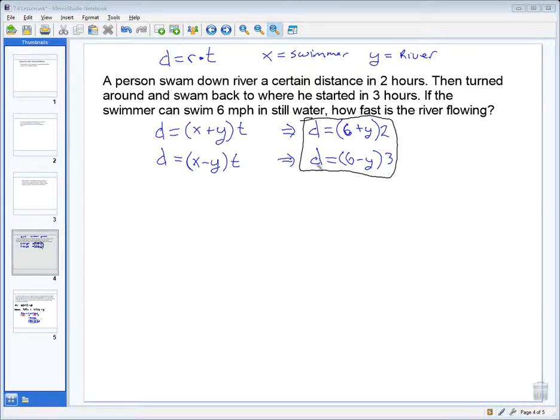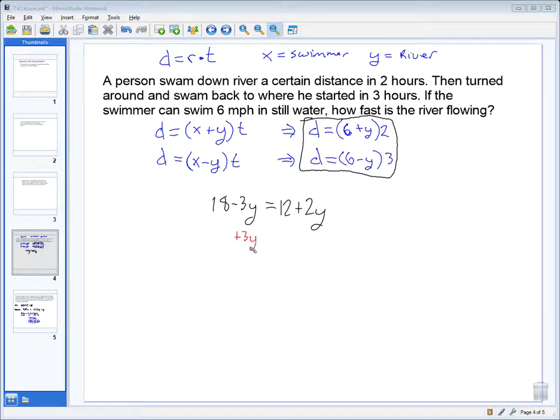Now again, this one is simple substitution. I'm going to substitute this piece into the top one, or you can substitute this one into the bottom one, either way. When I substitute, I'm going to multiply this in. So I'm going to have 18 minus 3y, and that is equal to 12 plus 2y. Now I'm going to get variables on the same side.